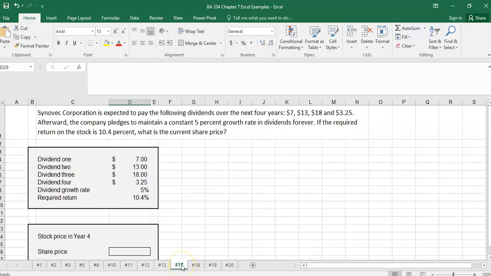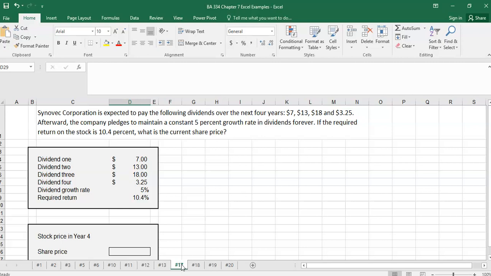In this example, we are doing unequal growth. So we have non-constant growth. Over the next 4 years, we're going to have different dividend amounts. And then after that, the company is going to maintain a constant percent growth rate in dividends forever.